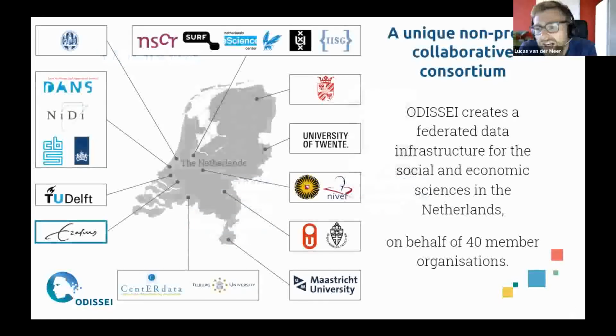So there you go. Odyssey. What is Odyssey? We are a consortium of 40 member organizations in the Netherlands, working together to build a research infrastructure, a federated data infrastructure.